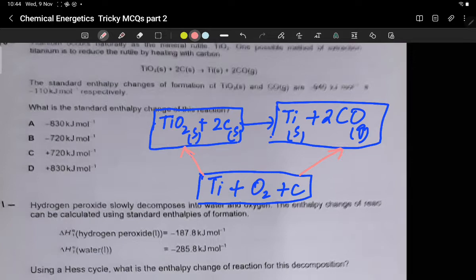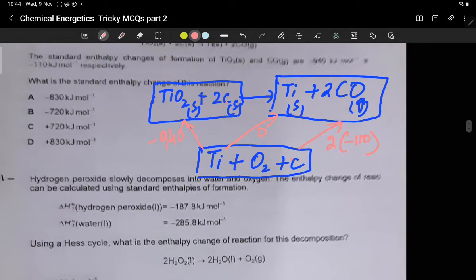So this is minus 940, and carbon monoxide is minus 110, so this is 2 into minus 110. Element to element is 0, and carbon to carbon is also 0, because the enthalpy change of formation of an element is 0.